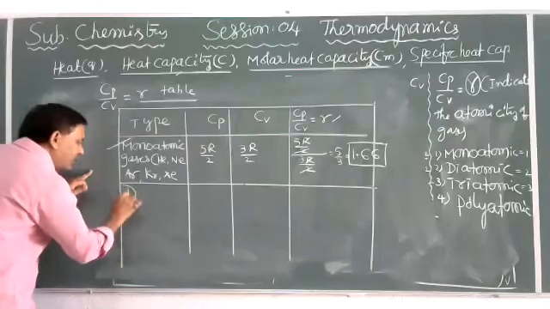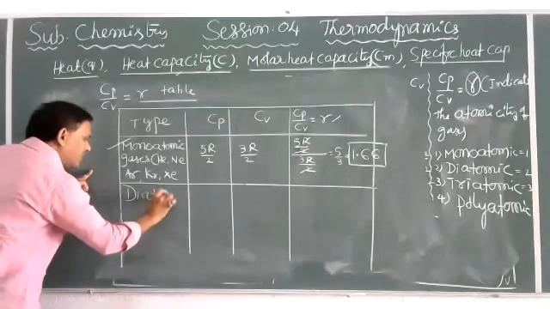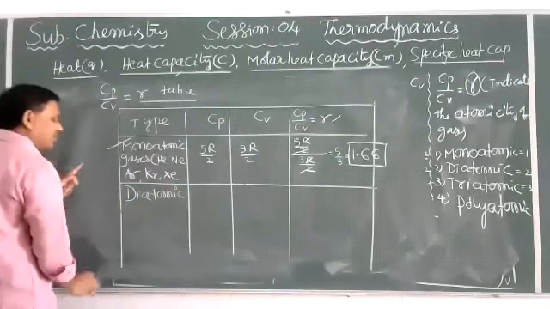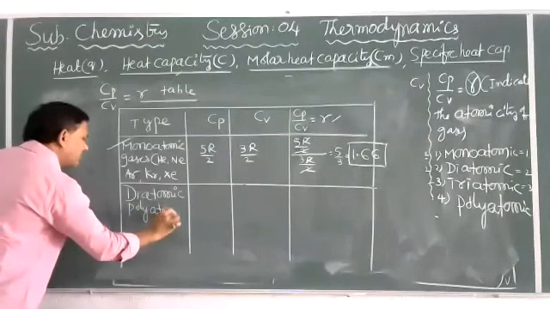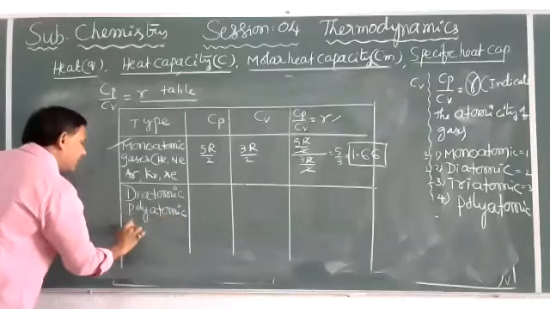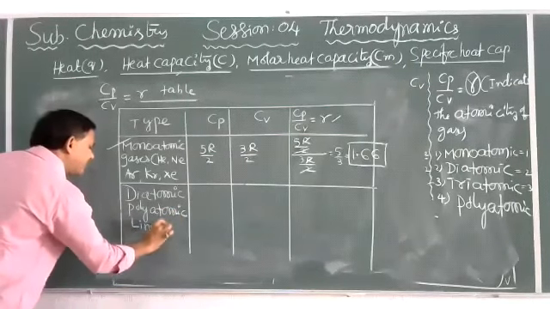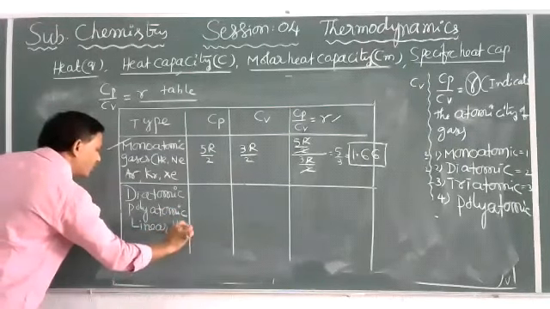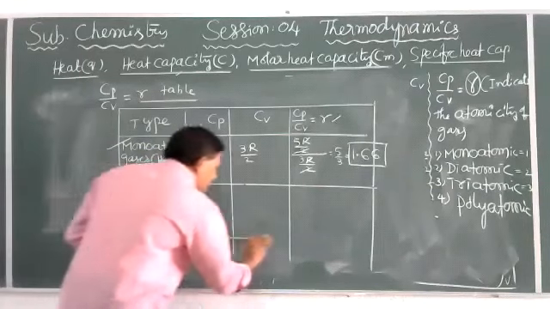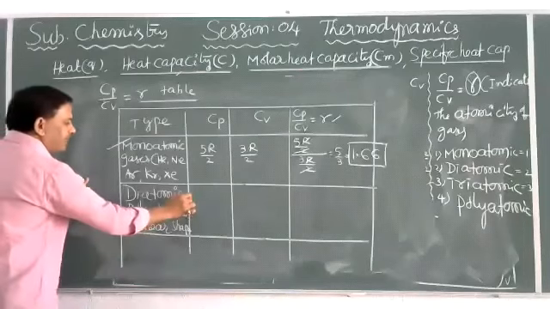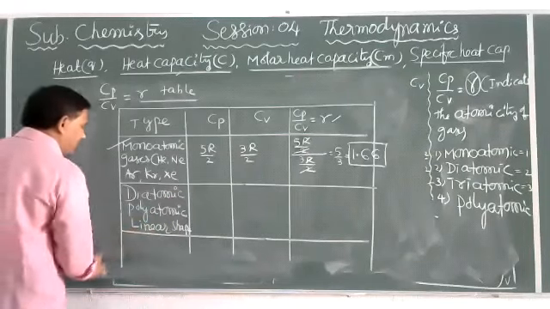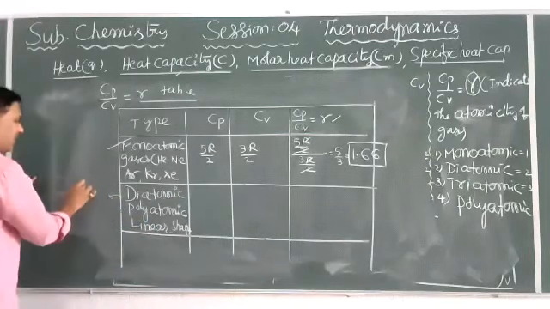If it is a diatomic, particularly in this diatomic, also we can use polyatomic linear shape molecules. So the linear shape molecule means, examples for this linear shape I'll write here.